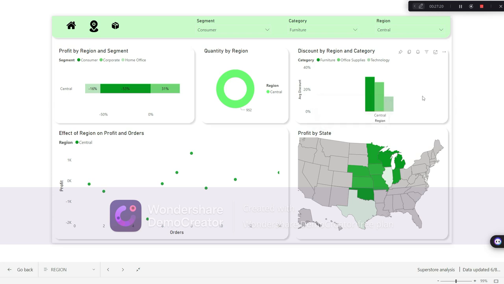On my suggestion, we have to decrease the discount percentage so we can make more profit.